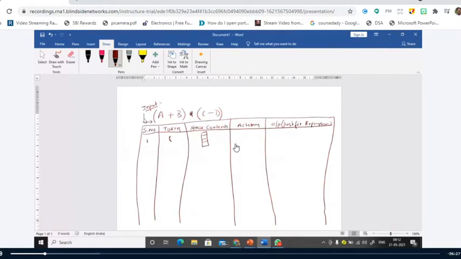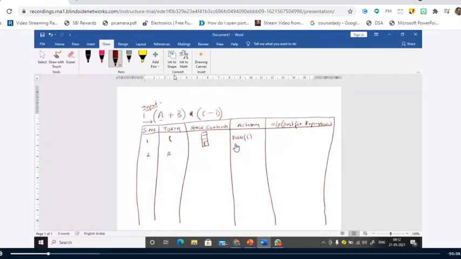After discussion on this algorithm, now tell me, if it is an open parenthesis, what do you have to do? You just push it onto the stack. So what action have you performed here? Push of open parenthesis. Is there any output here? No, sir. Now going to the second step, what is the second token that you have read?